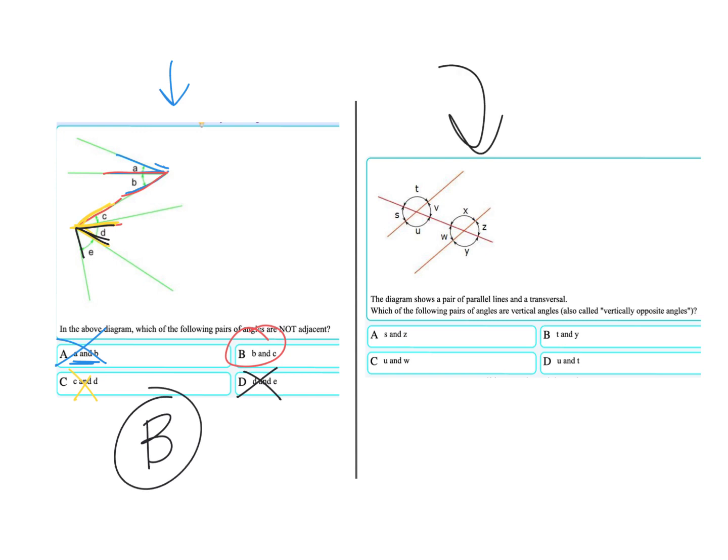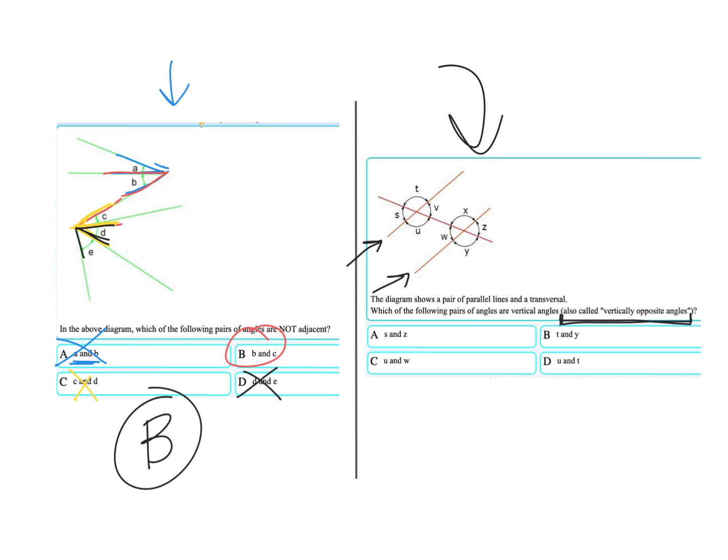The diagram shows a pair of parallel lines and a transversal. So just to remind you, these lines right here are parallel, and a transversal. Which of the following pairs of angles are vertical angles, also called vertically opposite angles? So again, I'm just going to go through and see which pairs are vertical.